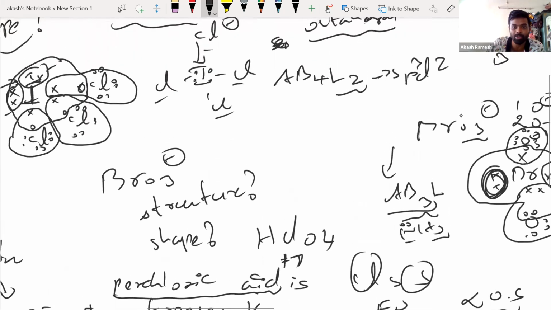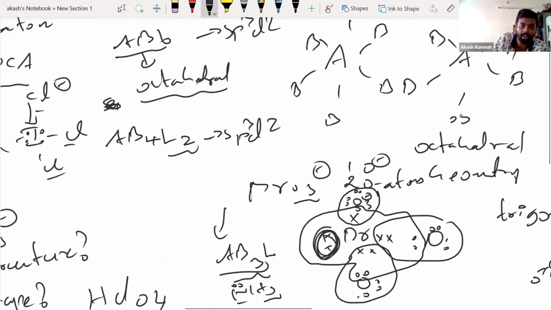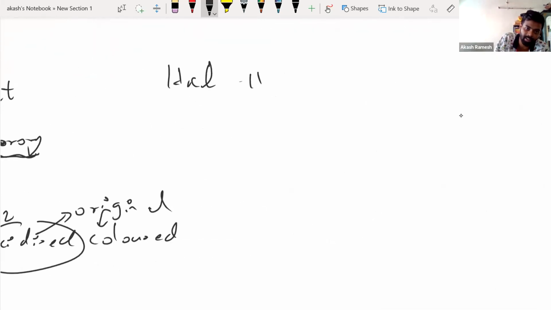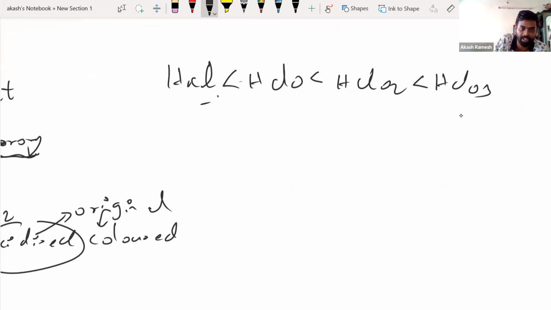The same goes here: if I ask you to arrange HCl, HClO, HClO2 and HClO3, this will be the order of acidic strength, because here it is -1, here +3, here +5, here +7 if you calculate. So more and more is the oxidation state of chlorine, or whatever be the element, more and more will be the acidic strength. That's what you have to understand.